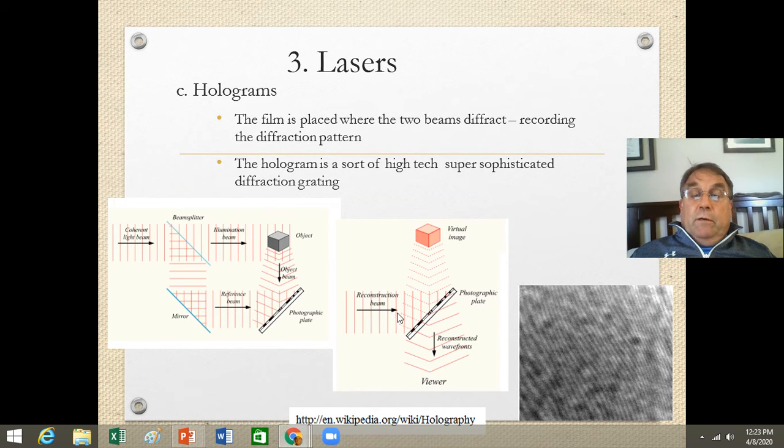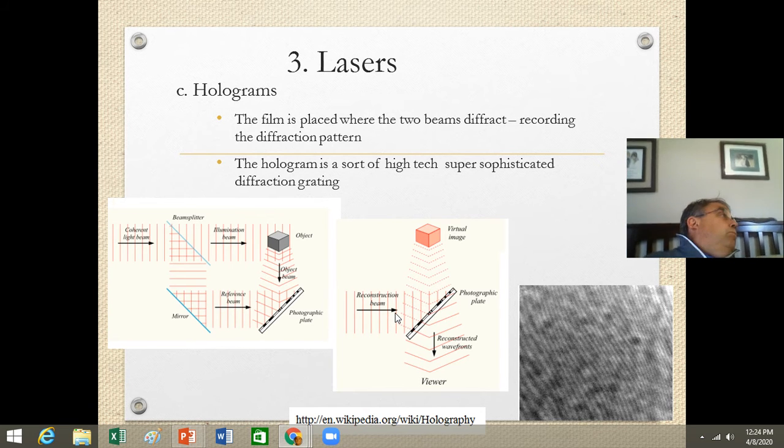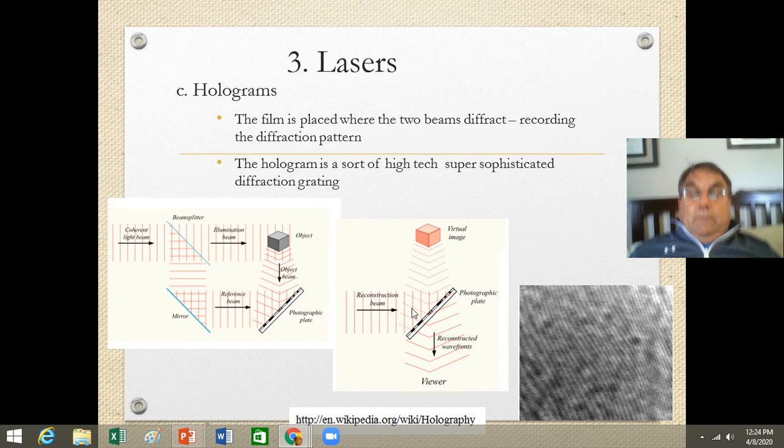If you shine a reconstruction beam at an angle, you produce the virtual image here, and the viewer is here, looking at the hologram. Actually, it's not through the film, but they're standing here. It's kind of like where you are when you see a rainbow versus where you are when you see a hologram. So you're here and the hologram's here.